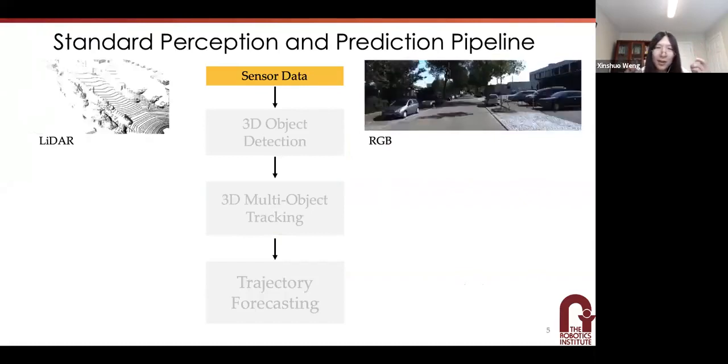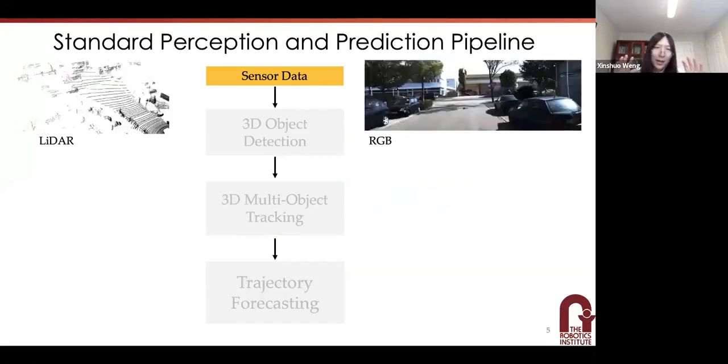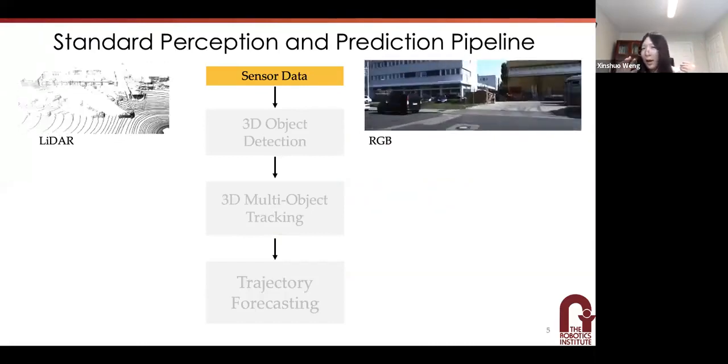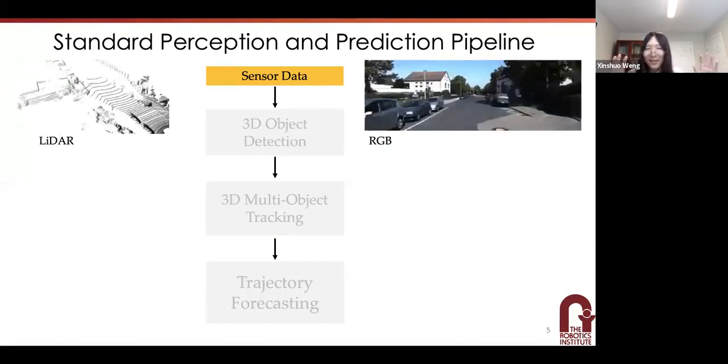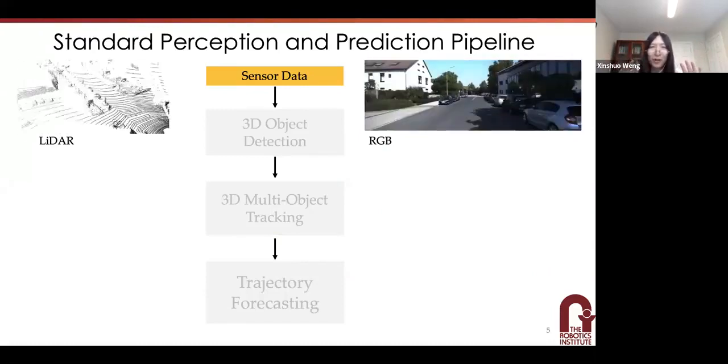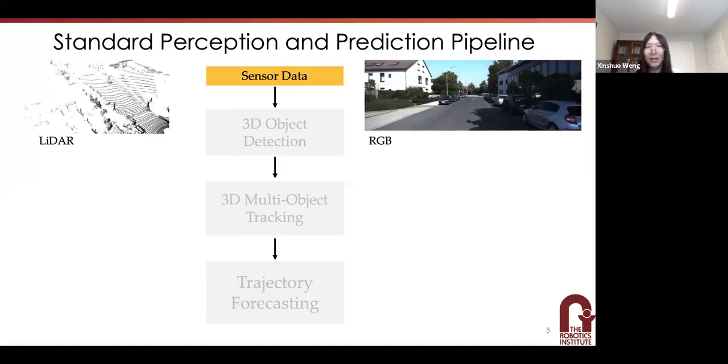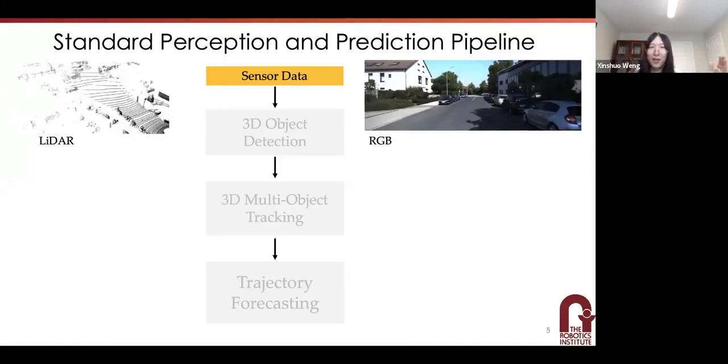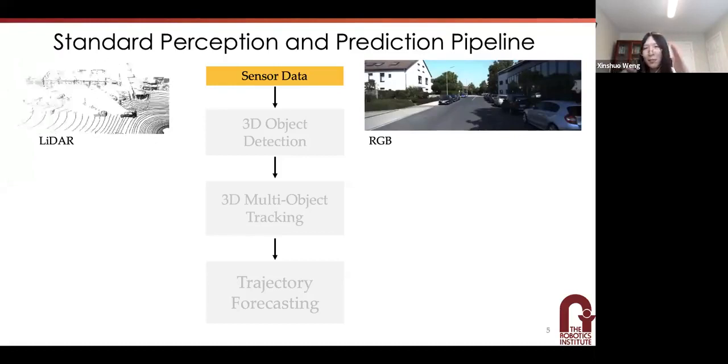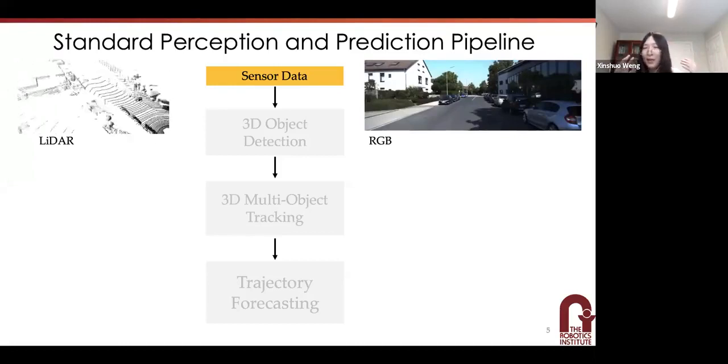A little bit more detail. In terms of sensor data, a lot of people in industry and academia have worked on RGB for many, many years. This is the sensor we have worked with for the longest time. In recent years, LiDAR has become another major component because it has very accurate 3D localization information, right?